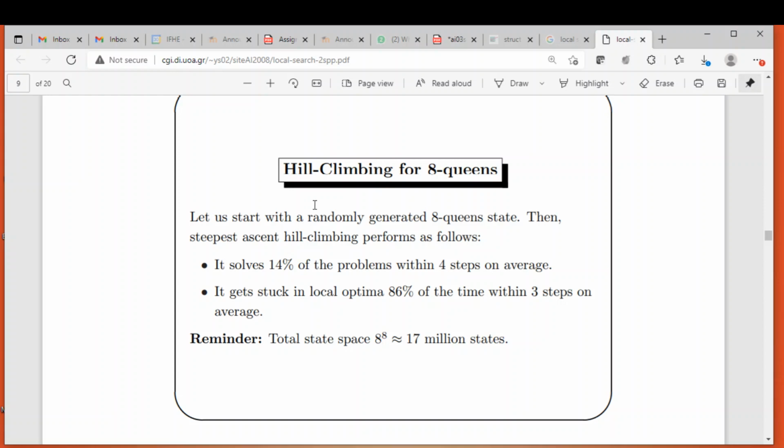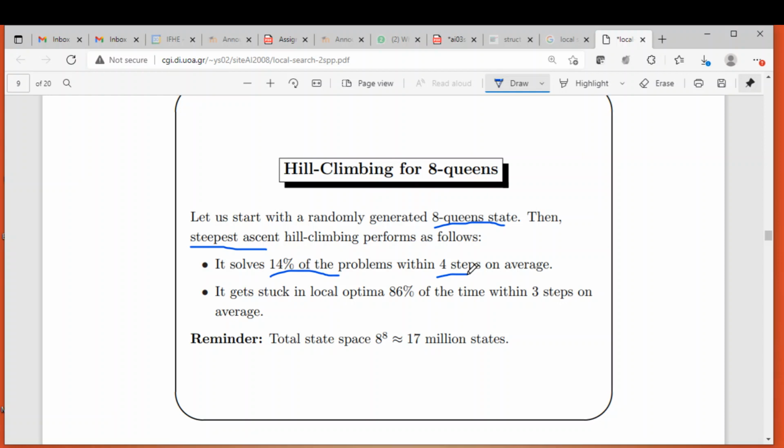This is one case we have discussed: let us start with a randomly generated 8 queen state. Then the steepest ascent hill climbing performs something like this. This is the very basic version of the hill climbing algorithm, that is, the steepest ascent hill climbing algorithm. When you apply steepest ascent hill climbing on the 8 queen problem with a randomly generated initial state, it is observed that 14 percent of the time it will find the solution, and whenever it finds the solution, on average it needs 4 steps.